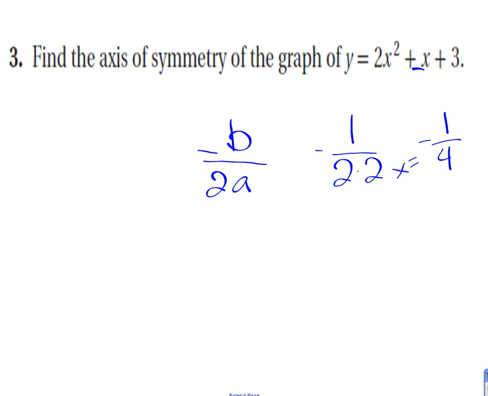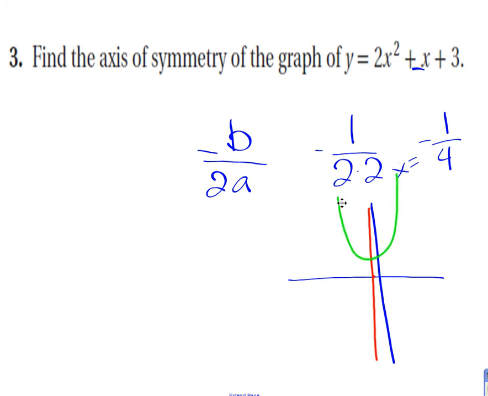So if we looked at our grid here, at x is negative 1/4, and then we think, is our graph going to open up or down? Up. So that means we're going to have some kind of parabola here. And we're still not sure where it would be, but we know that the vertex would have to be right on this red line.